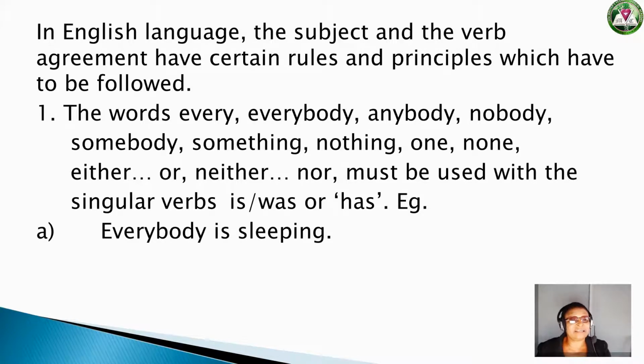For instance, everybody is sleeping. You cannot say that everybody are sleeping. It is wrong grammar.